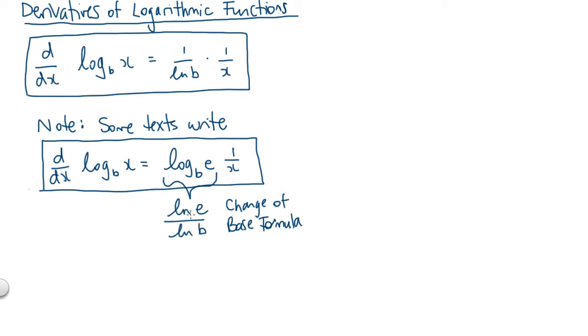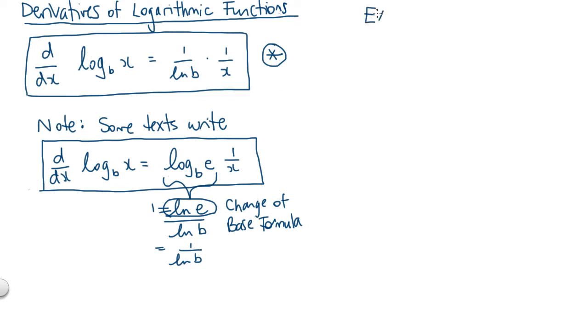And let's remember that ln of e is 1, because this is really just another way of saying log base e of e. So the exponent that we need to raise e to make e would be 1. And that tells us that this expression here is really just another way of writing 1 over ln b. So either formula is fine to use, but I think that the first one is a little bit easier, and that's the one that we'll focus on.